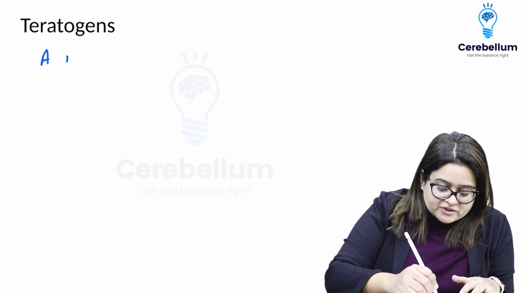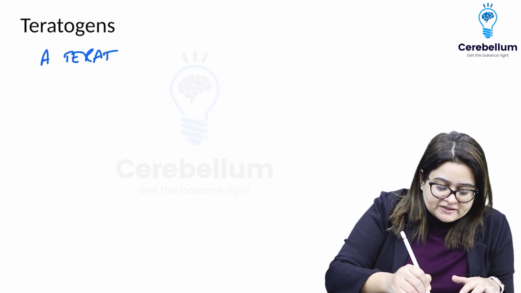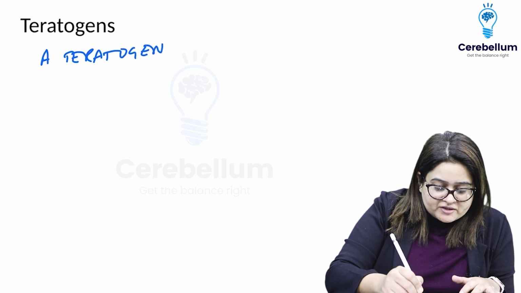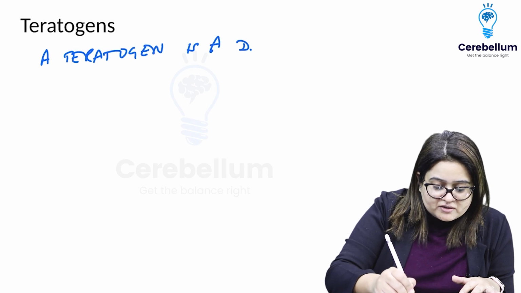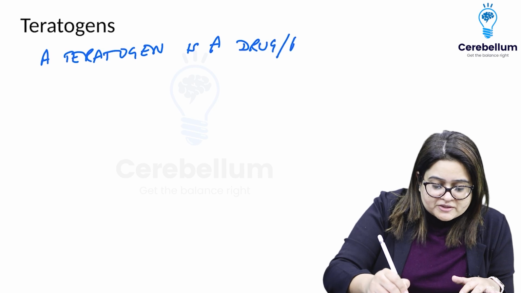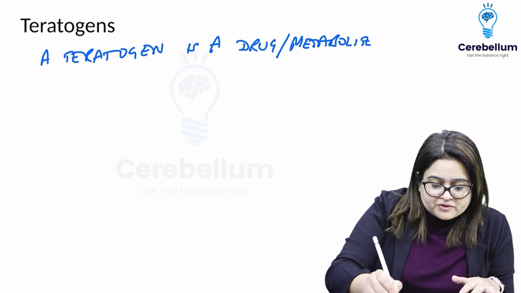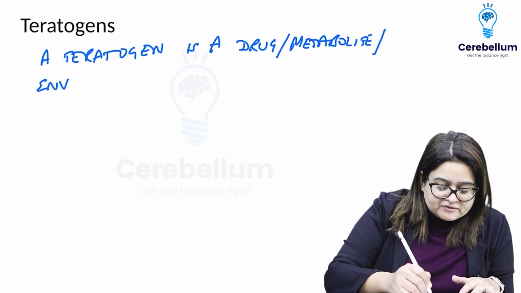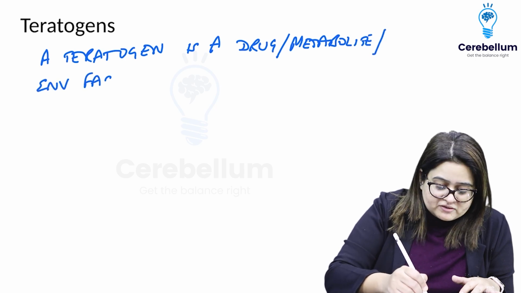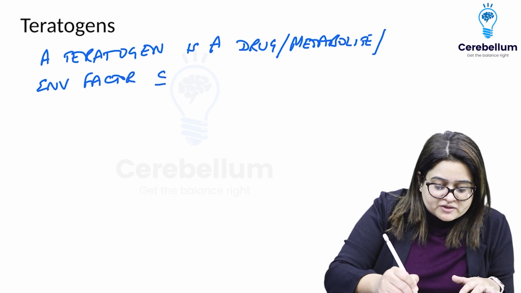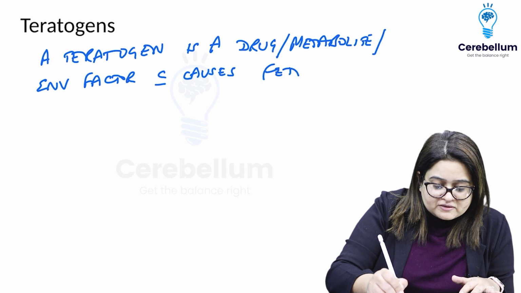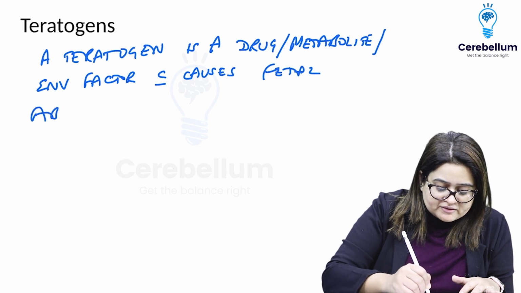So first of all, what is a teratogen? A teratogen is basically a drug or a metabolite, or it could be an environmental factor, say radiation, which causes fetal abnormality.